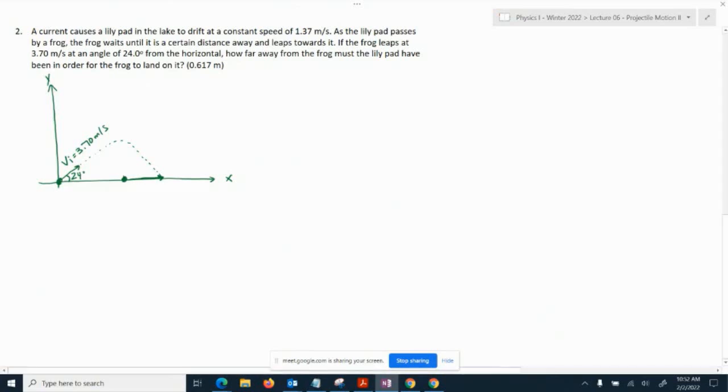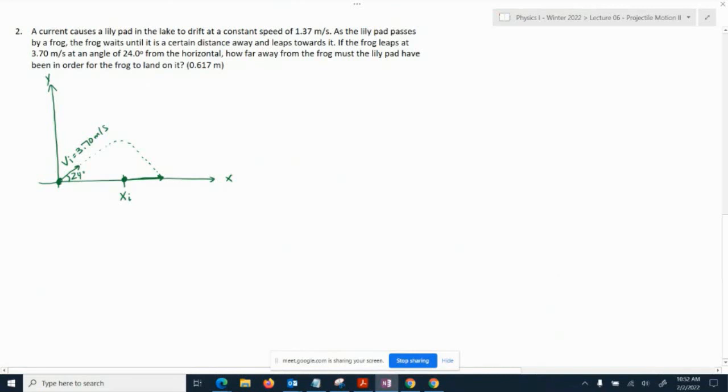So what is this x position here? The initial x position of the lily pad in order for the frog to land on it. So how far from the frog is the lily pad before the frog jumps so that it will eventually land on top of the lily pad?